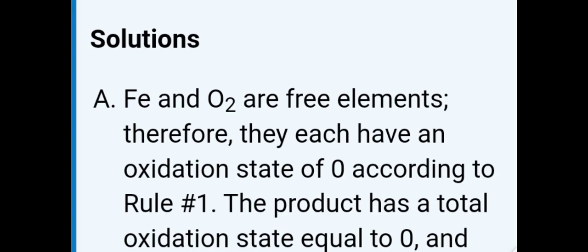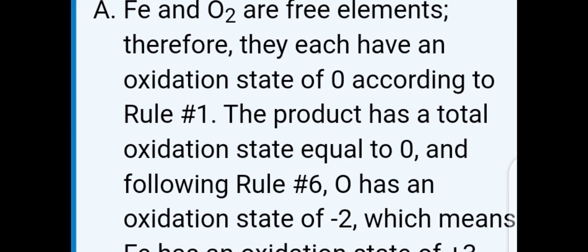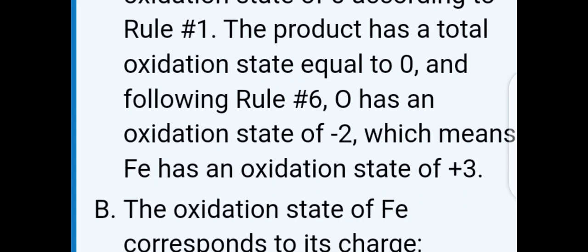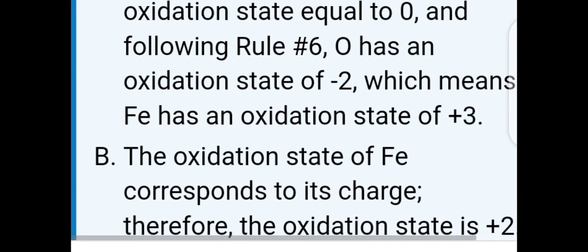The product has a total oxidation state equal to 0, following rule number 6, oxygen has an oxidation state of -2, which means Fe has an oxidation state of +3.